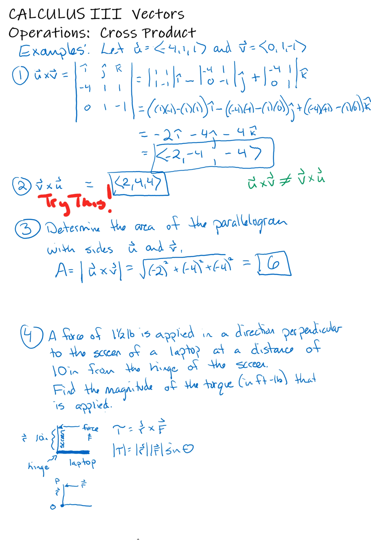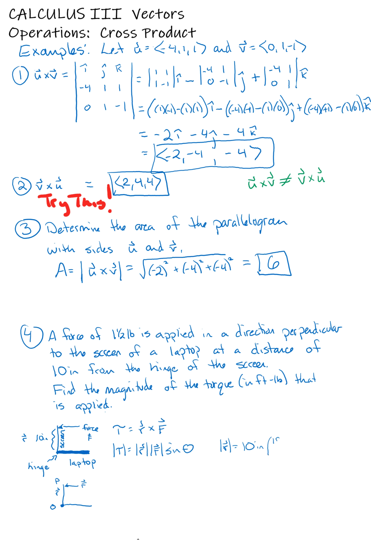To begin with, we're going to need R and F. We need the magnitude. The magnitude of R, well, we know that's 10, but this is in inches, and this is supposed to be in foot-pounds. So we have to change this to feet.